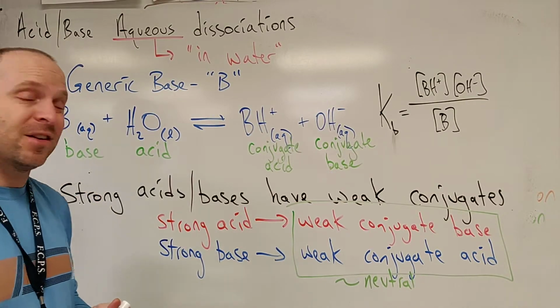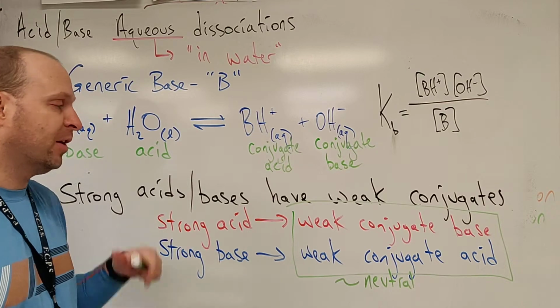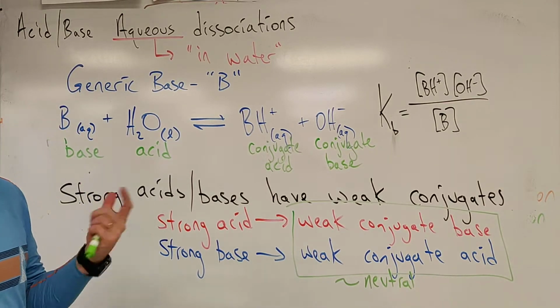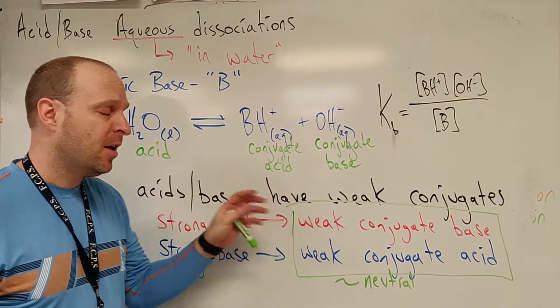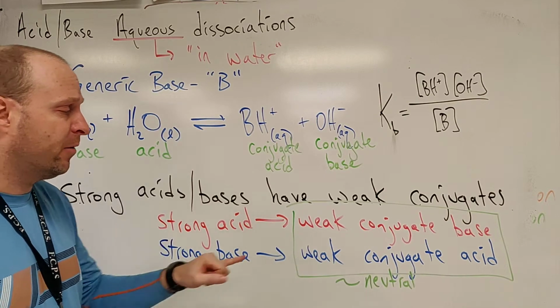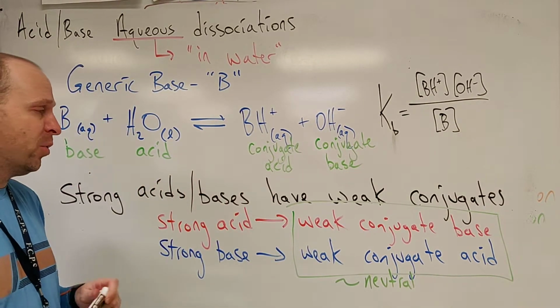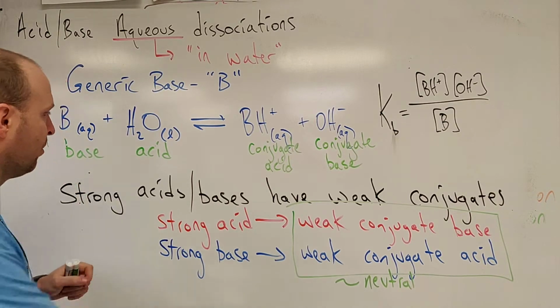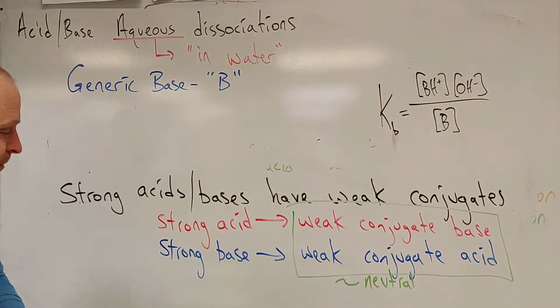And what isn't necessarily true is that weak begets strong. In fact, weak usually gives weak almost all the time. It's a statistical game. There's a ton of weak acids and bases. There's very few common strong acids and bases. So the odds are if you have something weak, it's not going to give you a strong conjugate. It's going to give you a weak conjugate. And they didn't really budget space well for that, so I'll just sneak it in right here.